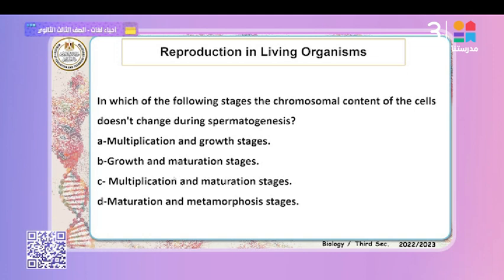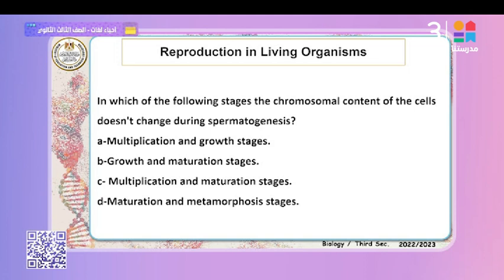Okay? Another question. In which of the following stages does the chromosomal content of the cells not change during spermatogenesis? Pay attention, please, during spermatogenesis. Number one is called multiplication.